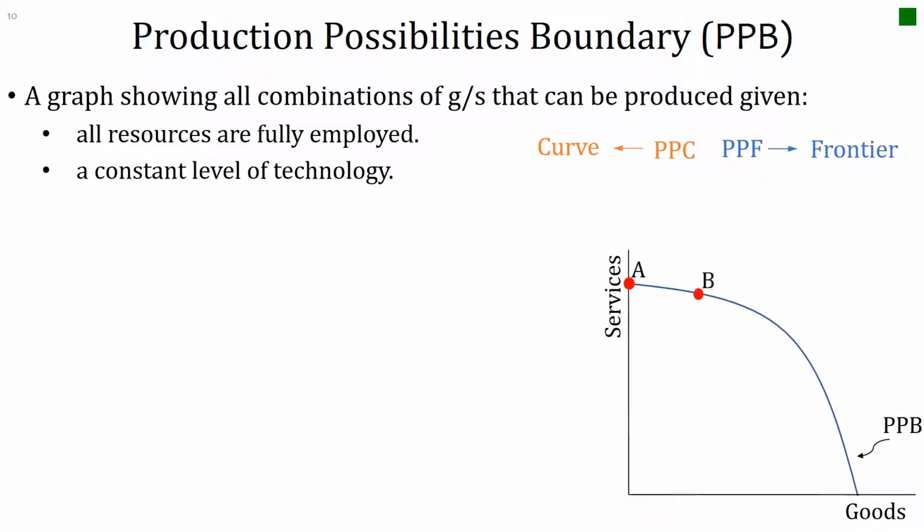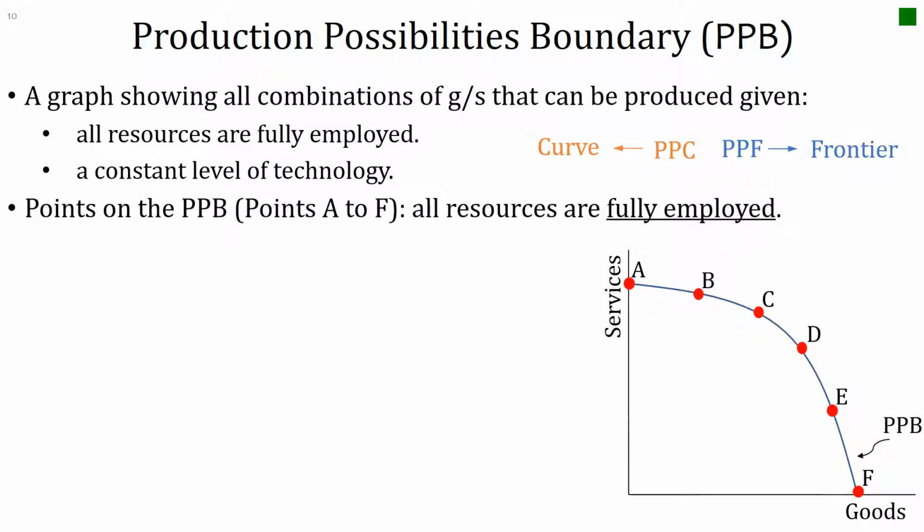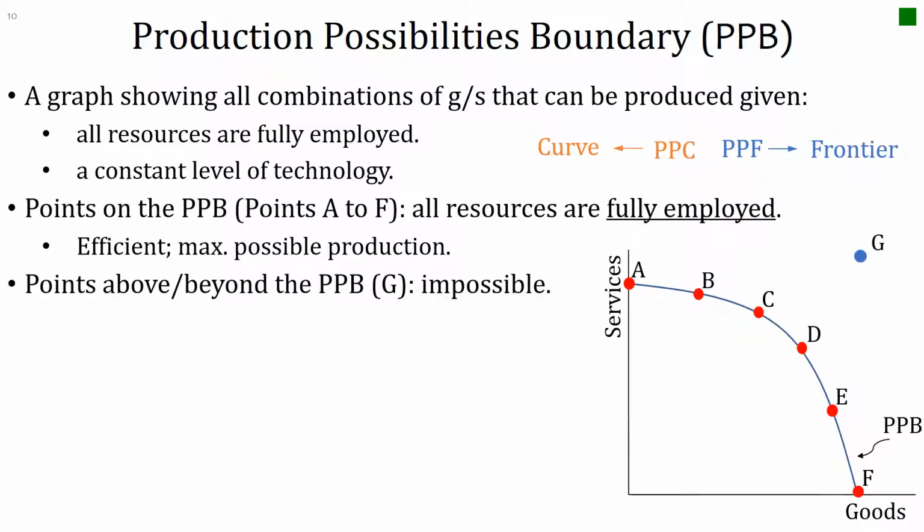If you look at the points on the curve, what you get are these points A to F. These points show when all resources are fully employed. So if you're told to draw full employment, you could show a picture like this and refer to the points on the line. This is efficient. This is maximum possible production. If you look at a point like G out there, points above and beyond the PPC or PPB are impossible.